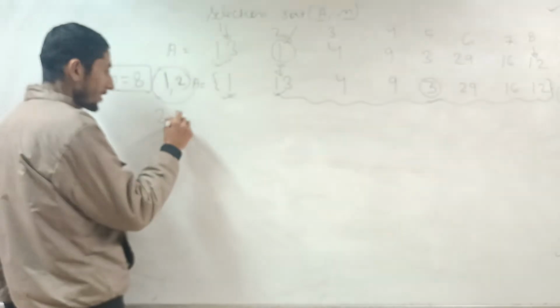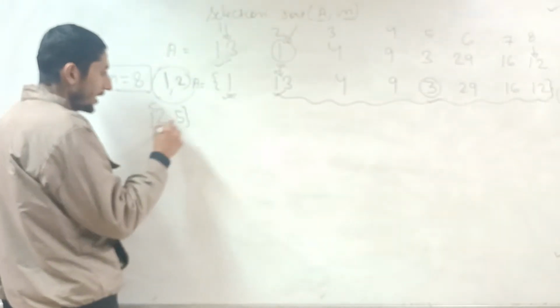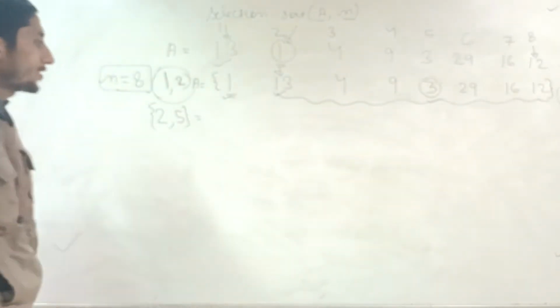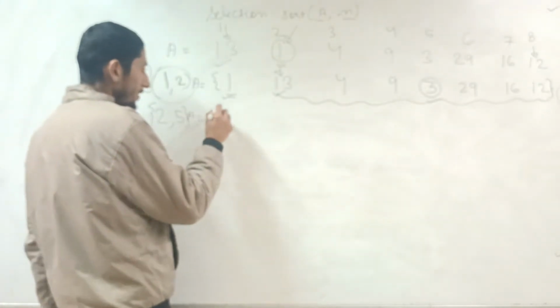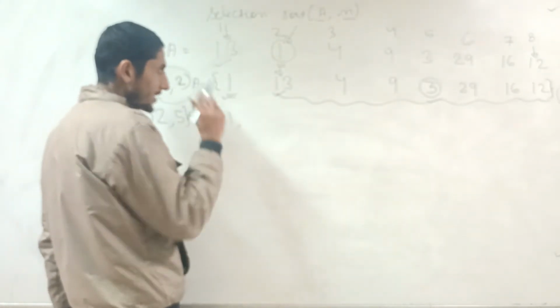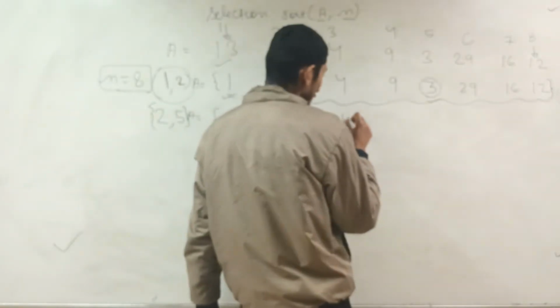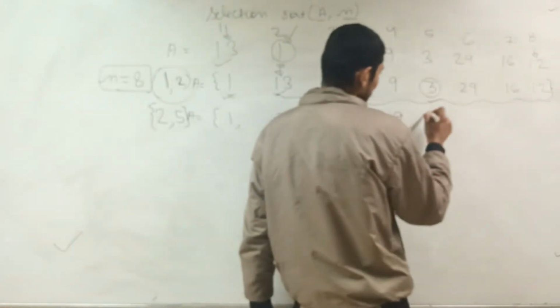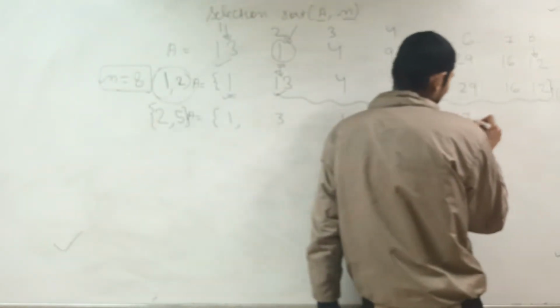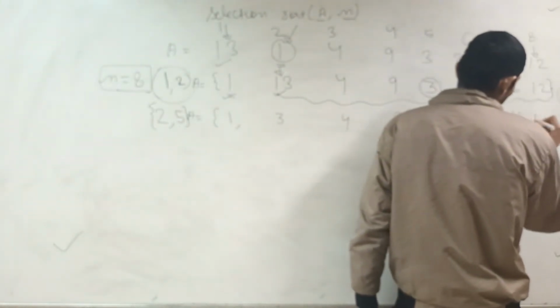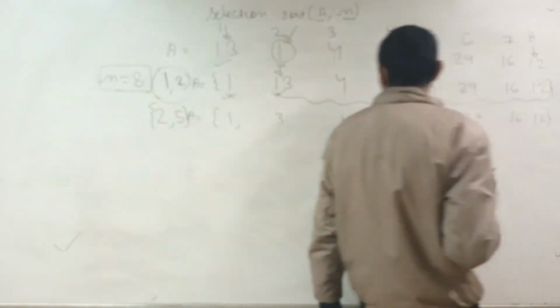So what is going to happen? I am going to swap this one. What you will get? You will get 1, it will remain as it is. After swapping, 3 will come here, 4 stays as it is, 9 stays as it is, 13 will come here, and the remaining elements will be as they are.